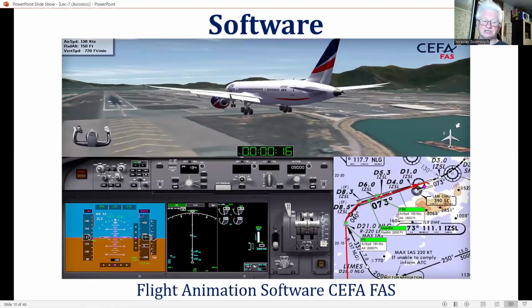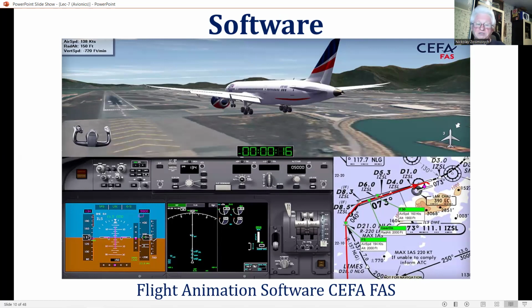Software generation is one of the most challenging tasks in the design of a high-integrity digital fly-by-wire flight control system, and can account for between 60 to 70% of the total engineering development cost of the complete FBW system.